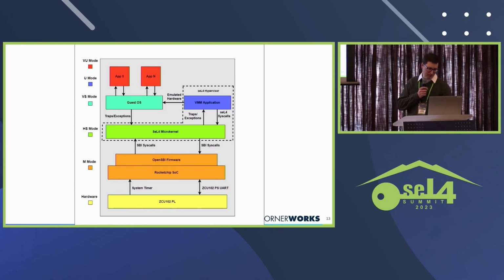In machine mode, we have OpenSBI firmware, like I was saying. That's your most privileged thing running. It's mostly a bootloader, but it does provide some features that you call into that can do certain things like cache management.